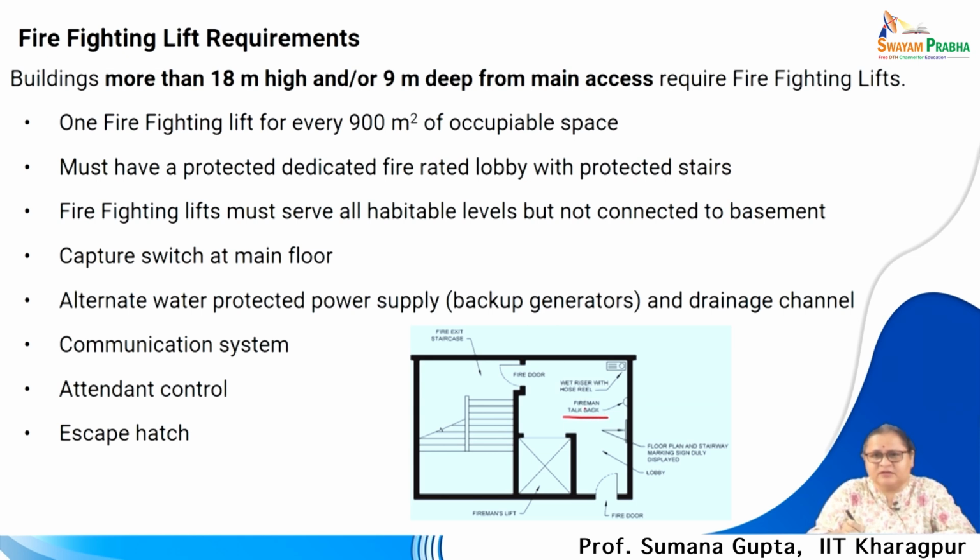There is a communication system, there is a floor plan and stairway marked, with all the significant displays, and there is a lobby space from where the firefighters can start their operation. So, this is what a fireman's lift enclosure is.